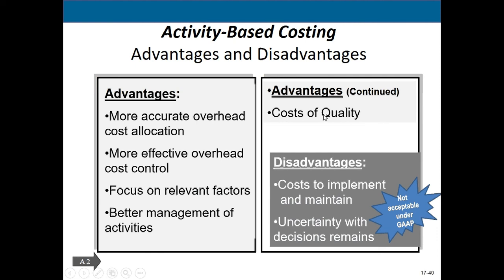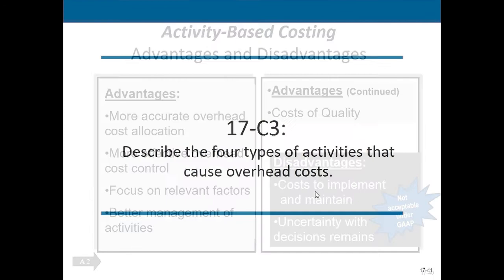In other words, the activity-based costing approach is only going to be good for internal use, for internal managerial reports. It still provides us a better picture. So in the right factory setting, it really should be used if we can use it and if the cost doesn't outweigh the benefit.